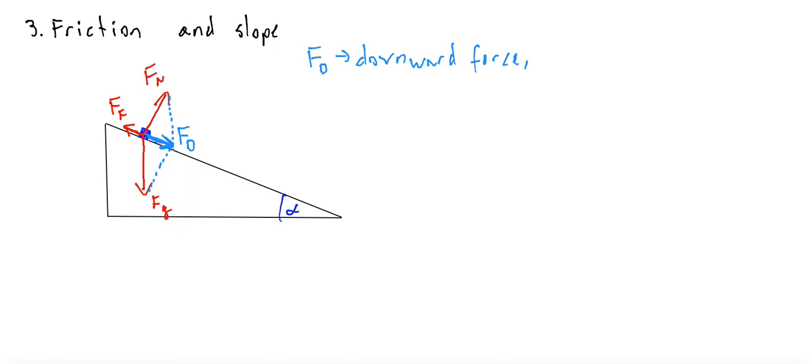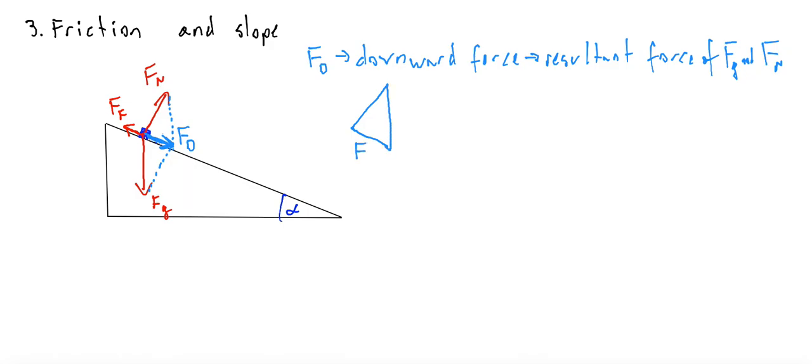This is not the overall force acting on the object, because the object is also affected by frictional force. But the downward force is the resultant force of Fg and Fn. We calculated this last time. Do you remember? If I create this triangle, this is Fn, this is the downward force Fd, and this is the gravitational force Fg.